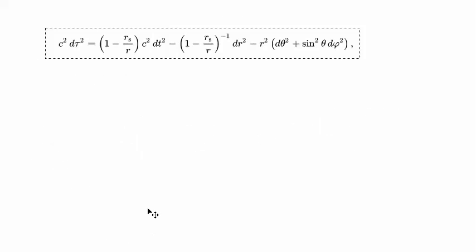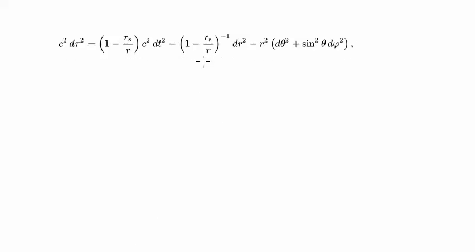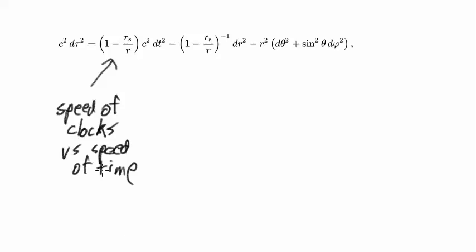Let me describe the description that I've always been confused by. Here's what I thought the claim was. First of all, we're going to look at this term, which I thought made sense. This is basically reflective of the speed of time. That's the speed of clocks versus the speed of time.